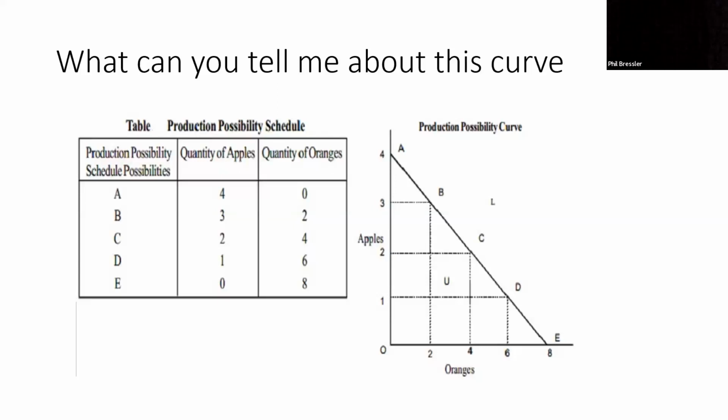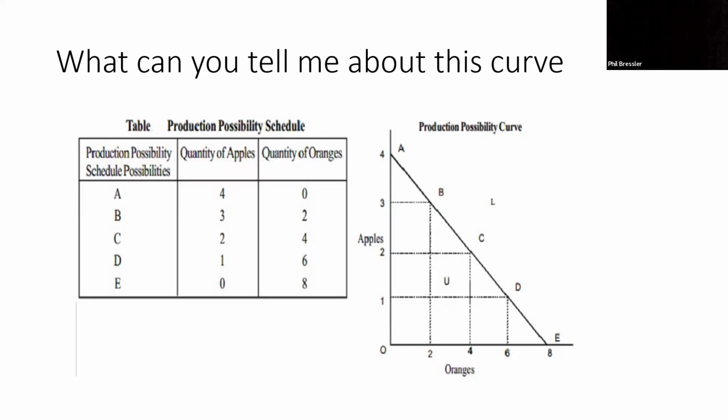Resources are easily adaptable. And because resources are easily adaptable, like Alexander says, what else do we know? Constant opportunity cost. Okay, good job.